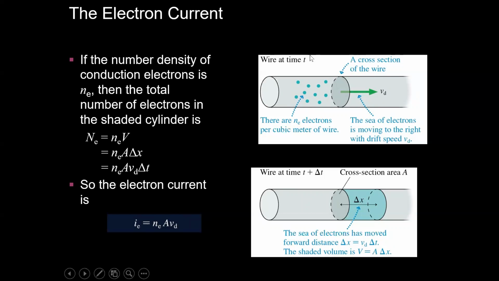And so that's how we're able to go through this equality on the left hand of these slides, to reduce the electron current, which we originally defined as total electrons over time, into these other quantities.